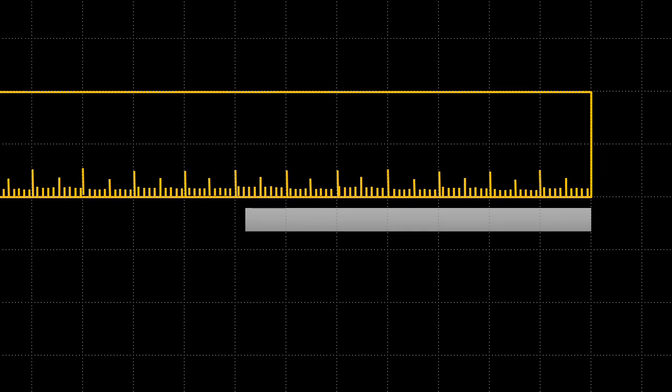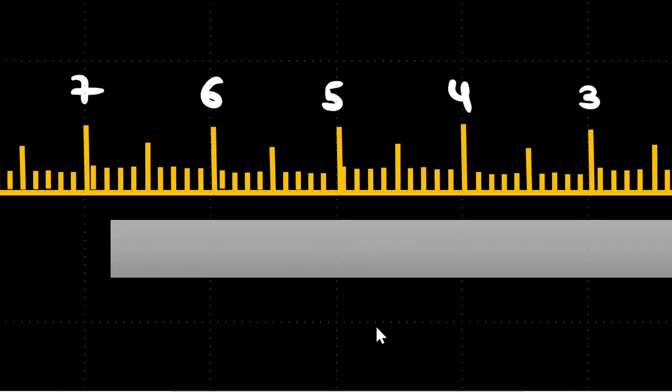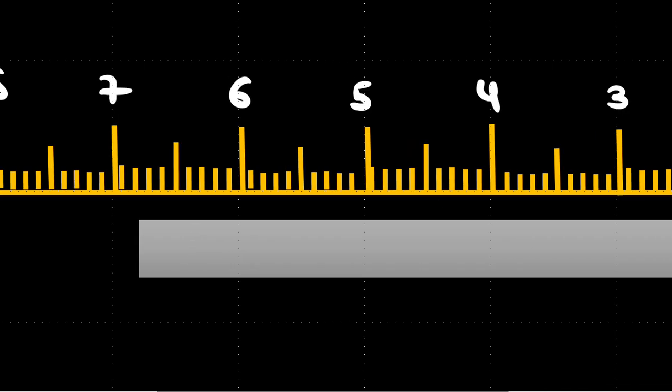First of all, let's do some markings so that it becomes easier. This is 0, this is 1, 2, 3, 4, 5, 6, 7, 8, 9, 10, 11. Now let's zoom in so that we can see what I was talking about.